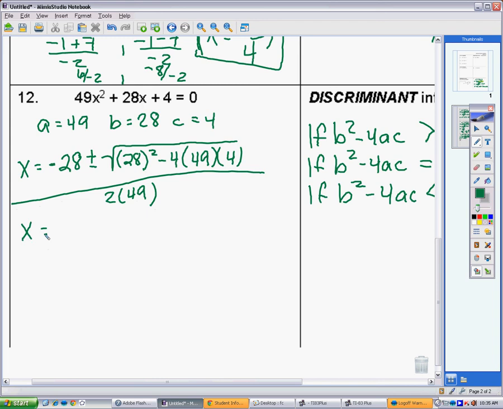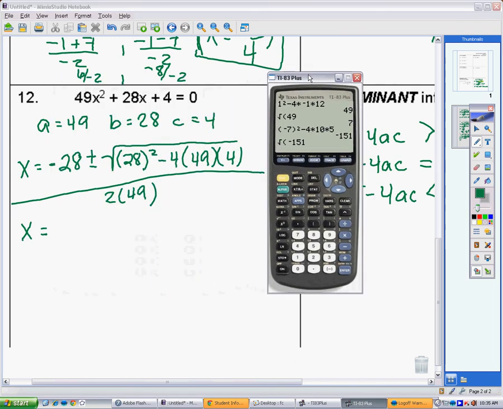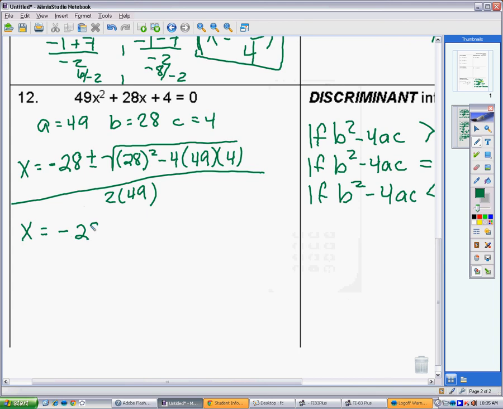So I'm going to perform the discriminant. So that's going to give me 28 squared minus 4 times 49 times 4. And I get 0. So negative 28 plus or minus the square root of 0 over 98.